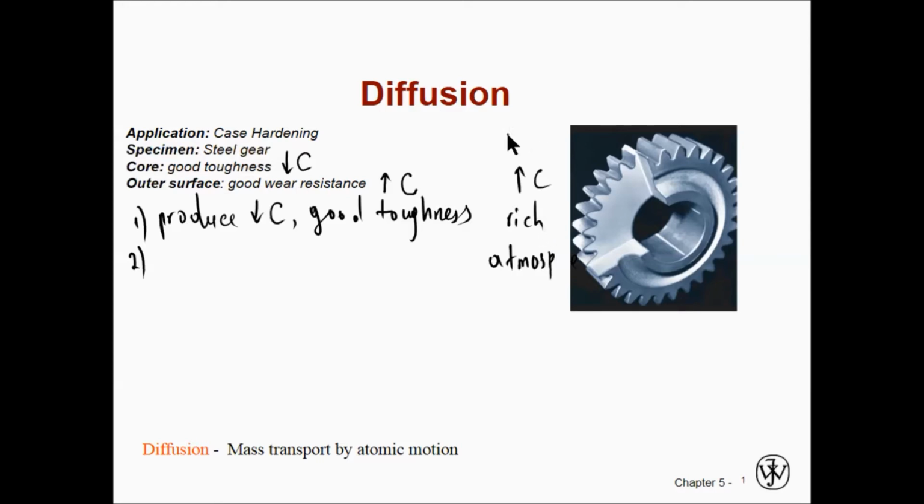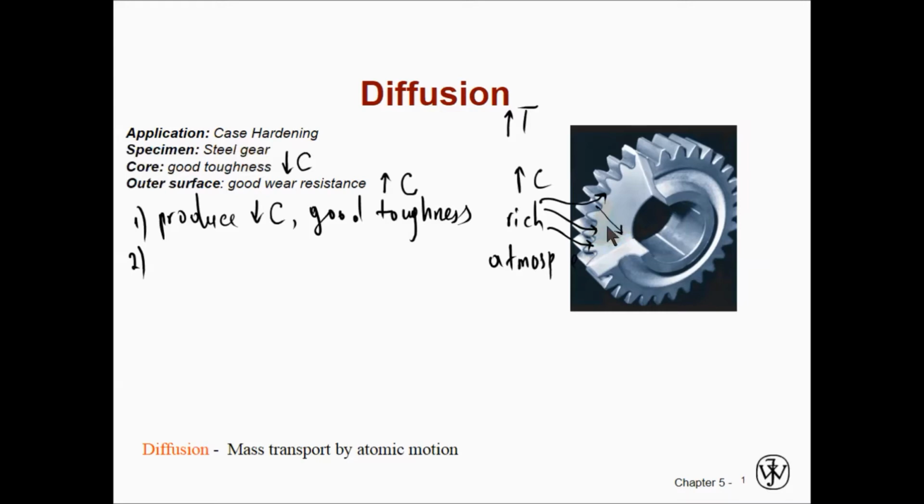As we increase temperature, carbon atoms over here will have enough energy to break bonds between each other and migrate into steel. At the surface, more carbon atoms will, let's say, add up over here. When we go deeper, amount of carbon concentration will decrease.